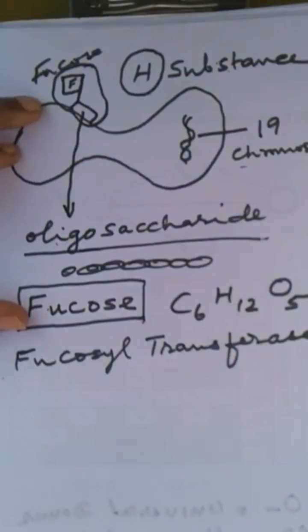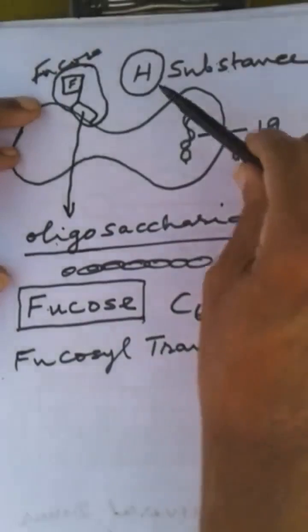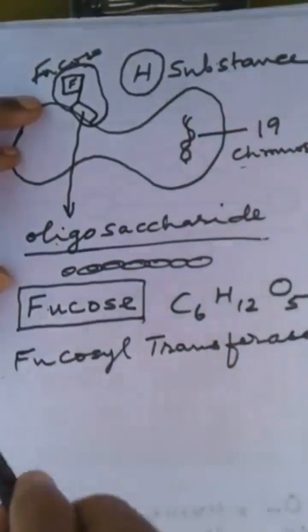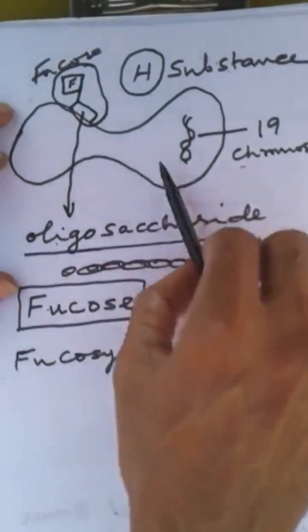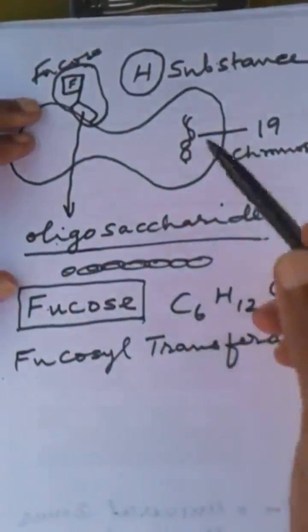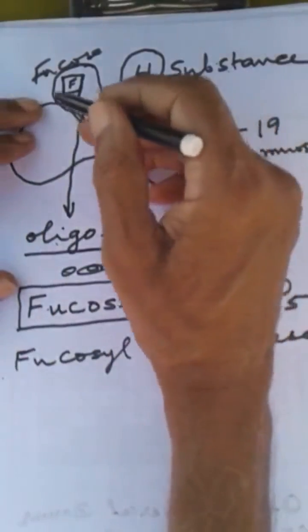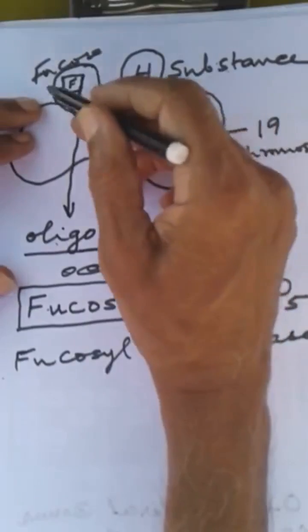If you blow on a glass or a mirror, you will find a very thin film of water molecules. Like that, they observed a very thin film on the surface of the RBC, red blood cells. So they wanted to name that substance.